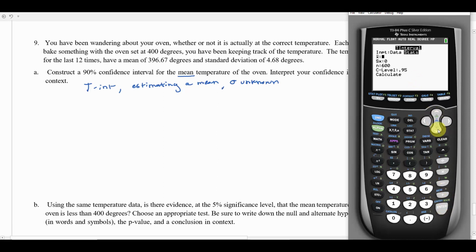So our mean temperature from our sample of 12 is 396.67, and the standard deviation from the sample was 4.68, and our sample size was 12 with a confidence level of 0.9.